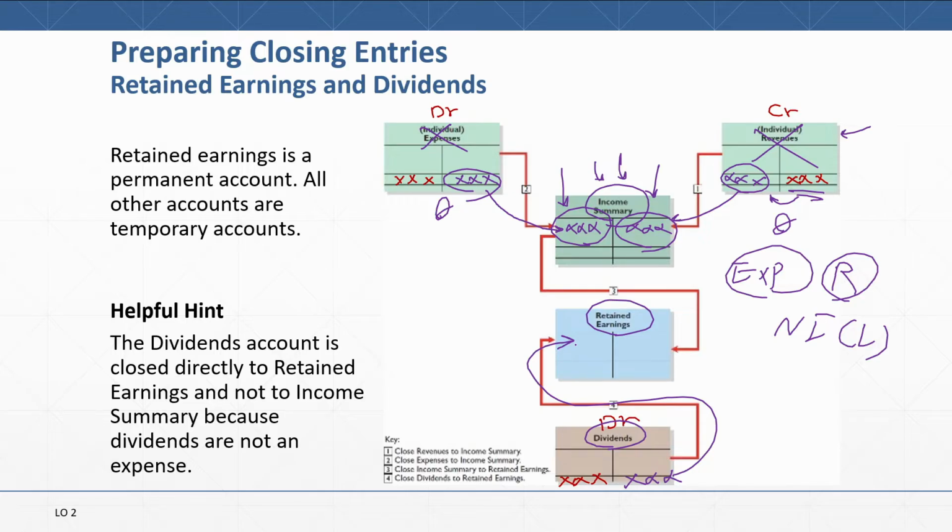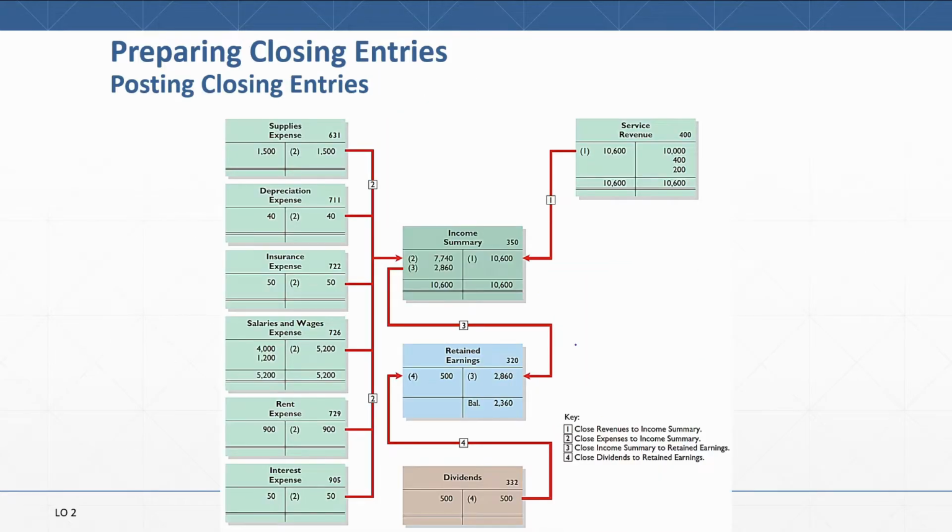Okay, that was the theory. Let's see how it works with some numbers. Here we can see that to close service revenue, we had $10,000, $400, and $200, altogether equal to $10,600. That's our revenue balance, the ending balance before closing.